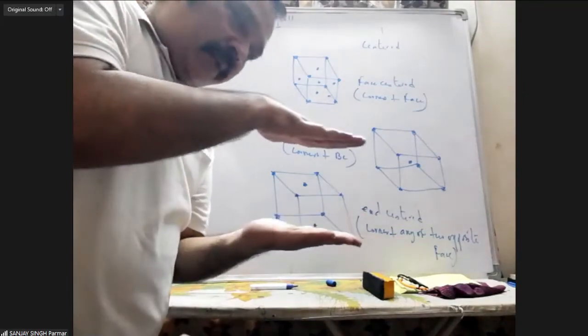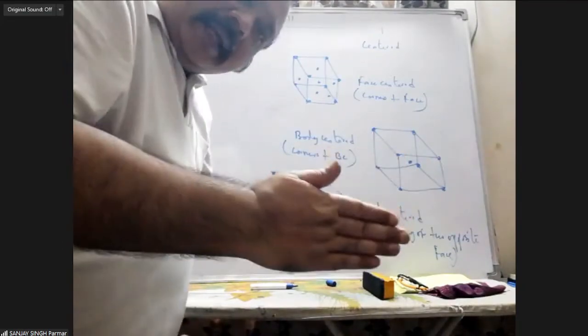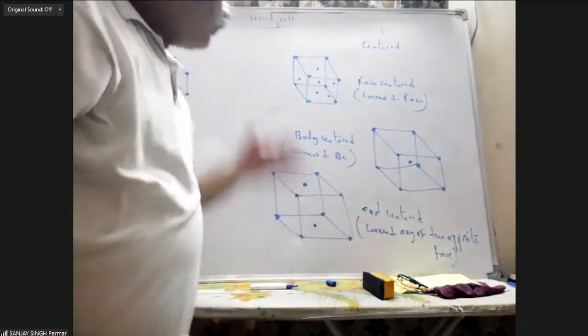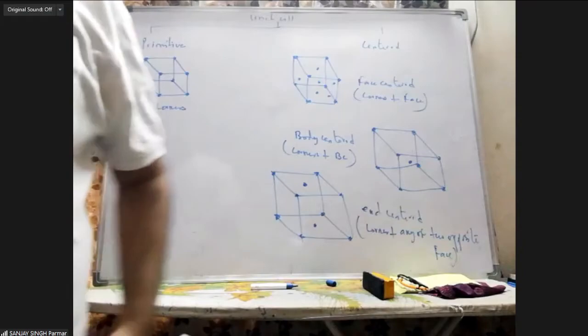Otherwise, it can be left and right, or front and back opposite faces. So these are our four different types of unit cells.